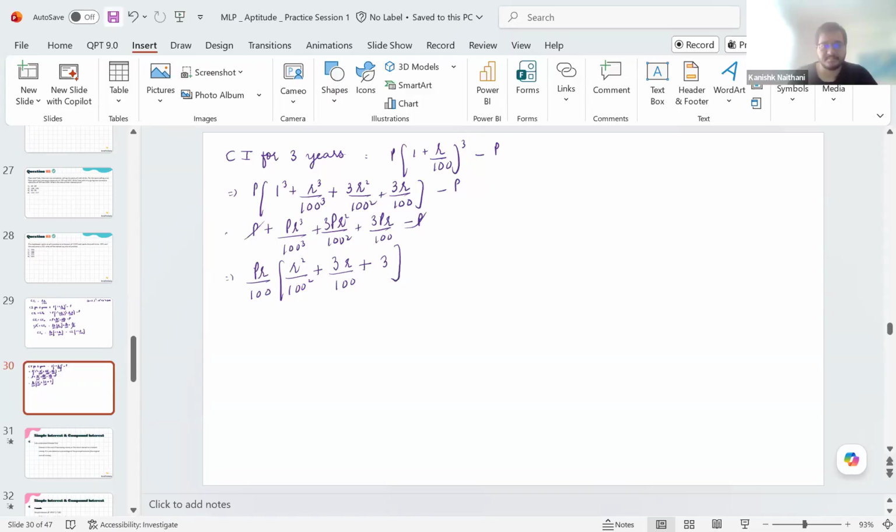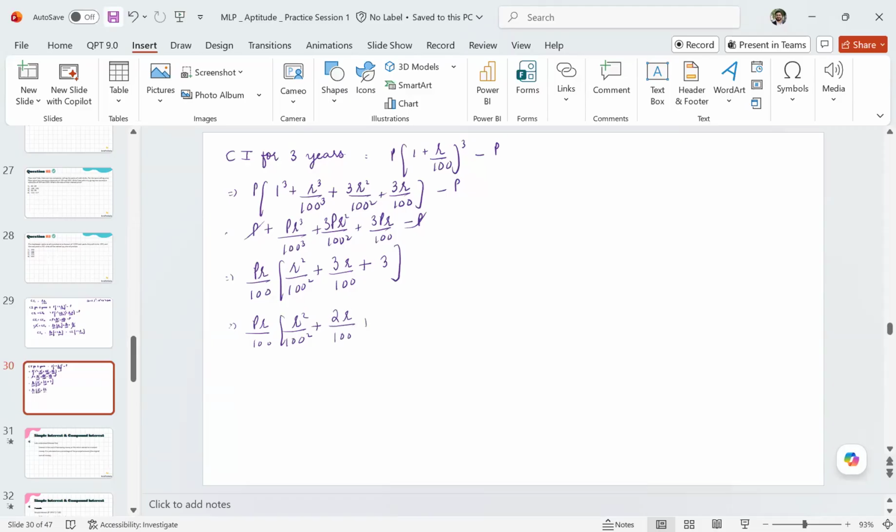I'm doing something very strange here. Please follow through. PR upon 100, R square upon 100 square plus 2R upon 100 plus R upon 100 plus 1 plus 2. Is this clear? I have just split this into these two and 3 into 1 plus 2. Is that okay?